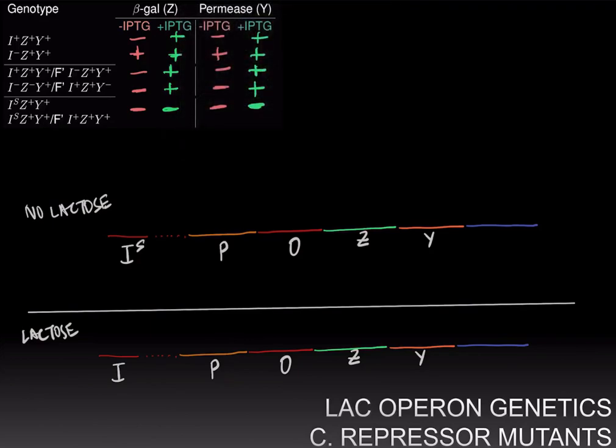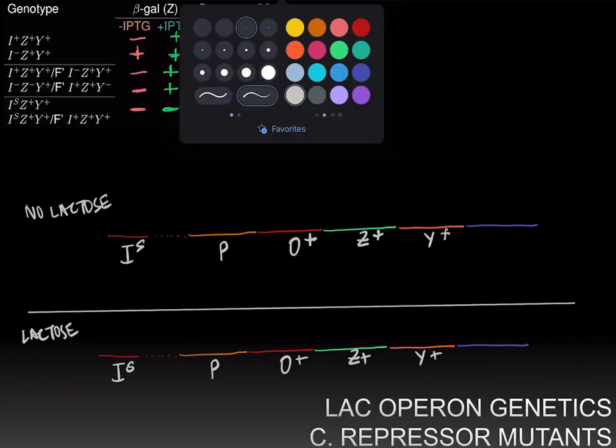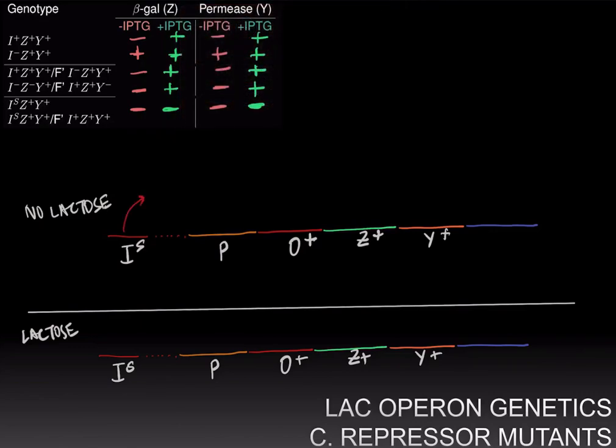So I have IS and O plus, Z plus, Y plus. Now the IS mutant makes a mutant repressor whose shape is different, so that allolactose or IPTG cannot bind to it.